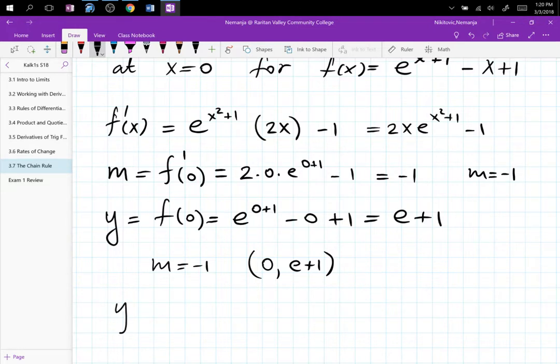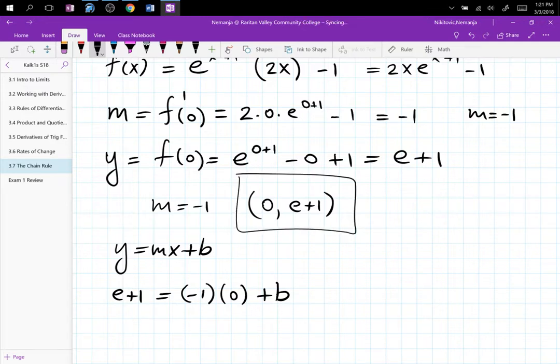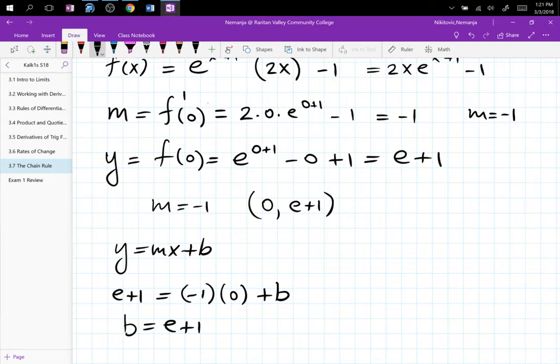So now y equals mx plus b. Y is e plus 1. M is negative 1. X is 0 plus b. Well, we should see from here that b is equal to this because it's a y-intercept, but still. So b is equal to e plus 1, and the tangent line is y equals negative x plus e plus 1.